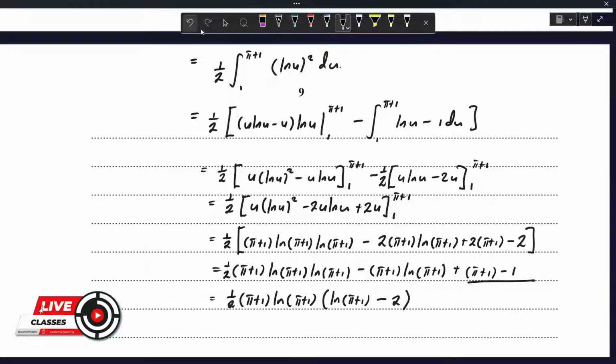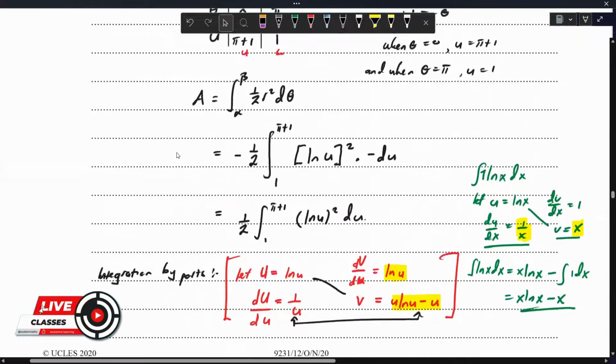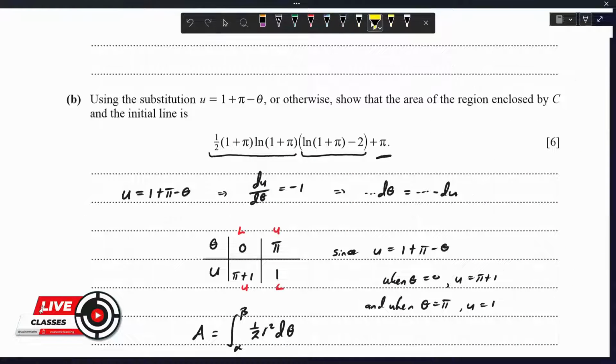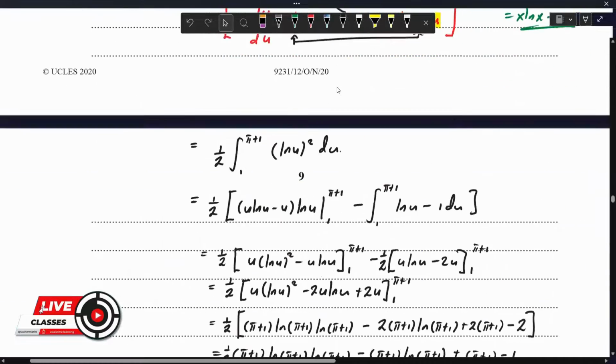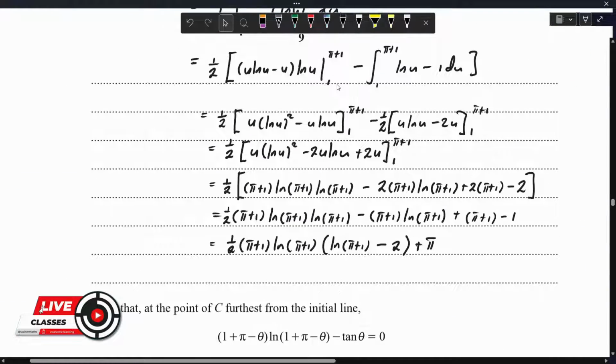And this pi plus 1 minus 1 is pi. And I'm sure that's the exact thing they want us to prove, isn't it? Yes. It is. So that's exactly how we do it right on here.